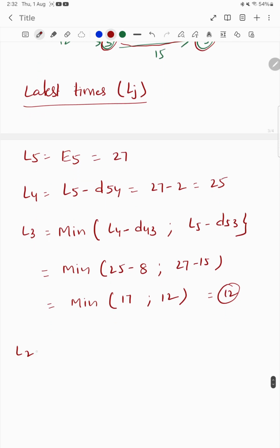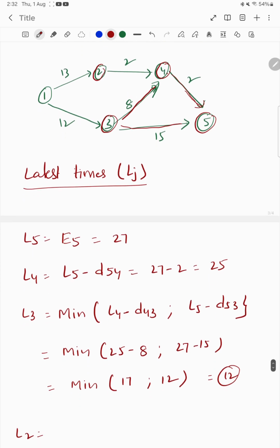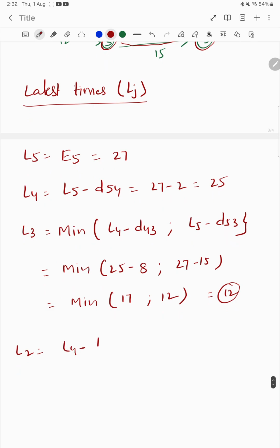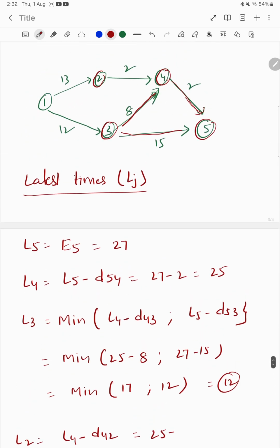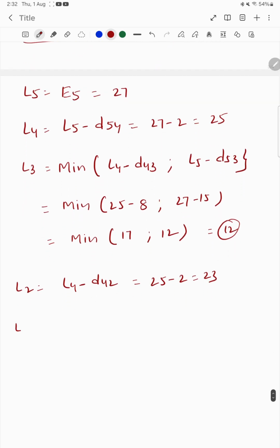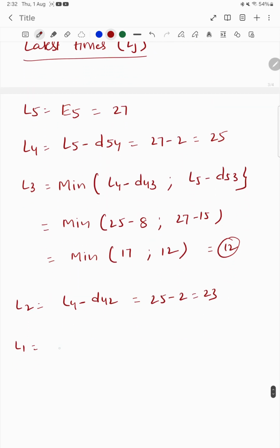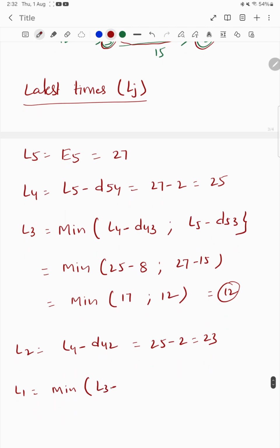Now coming to L2. We can reach L2 only from L4, so this is L4 minus the duration from 4 to 2. L4 is 25 minus 2, which is 23. Now the last one, L1. We can reach L1 from 2 as well as 3, so again we take the minimum: L3 minus the duration from 3 to 1, and L2 minus the duration from 2 to 1.